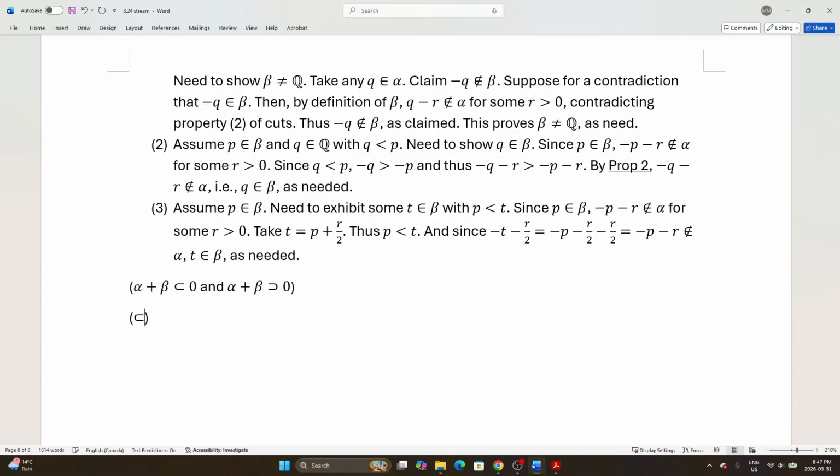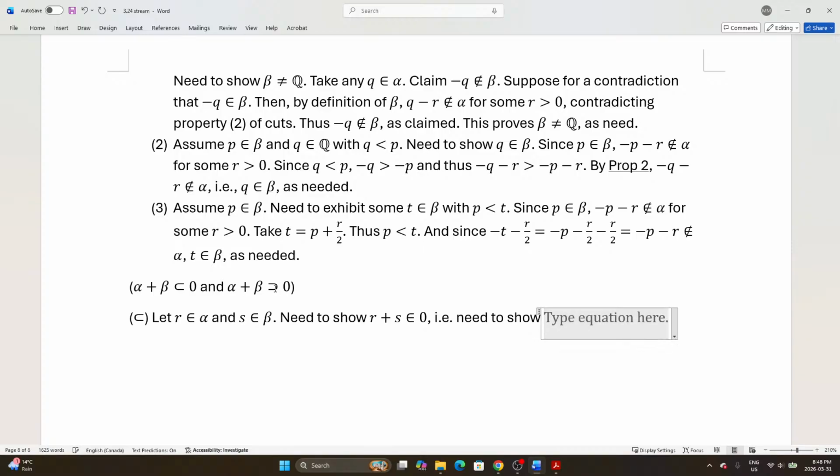Let's take r from alpha and s from beta. We need to show that r plus s is in 0, i.e. need to show r plus s is less than 0.